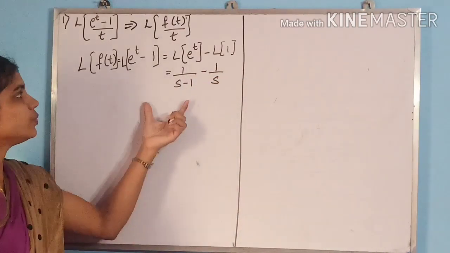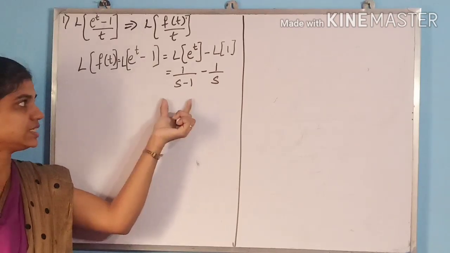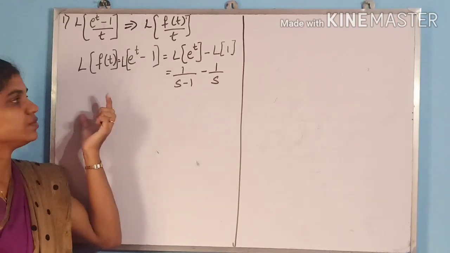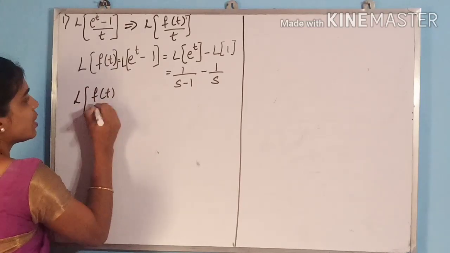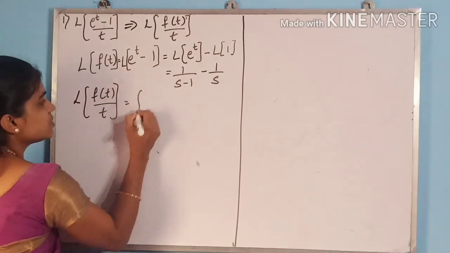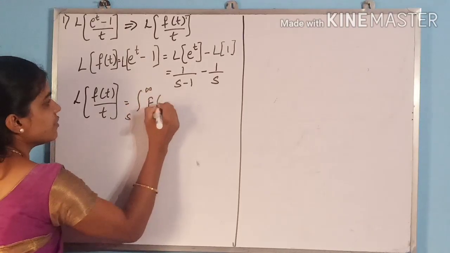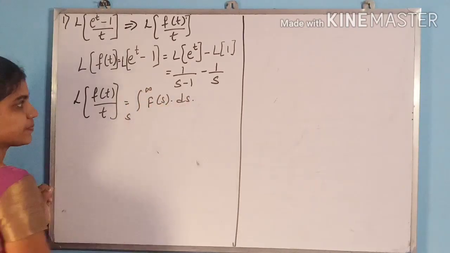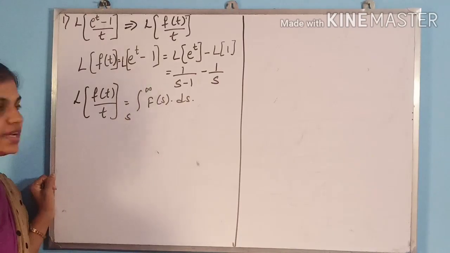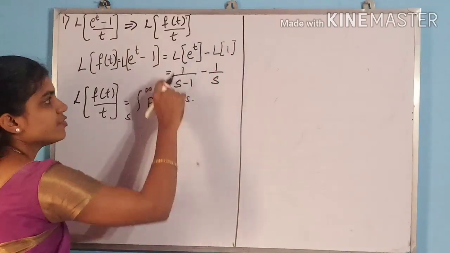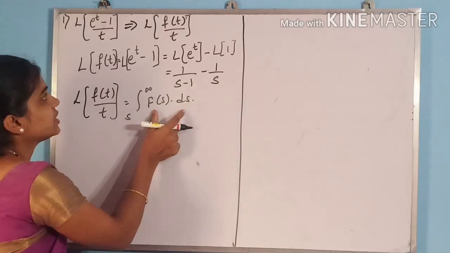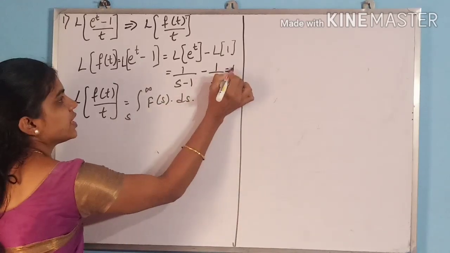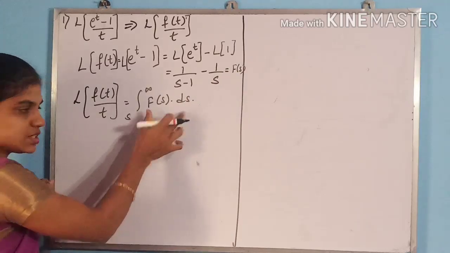Right? So now we have to substitute these values in the formula. And what is the formula? Laplace transform of f of t by t is equal to integral s to infinity f of s ds. Right? So 1 by s minus 1 minus 1 by s is nothing but our f of s. So we have to substitute it here.